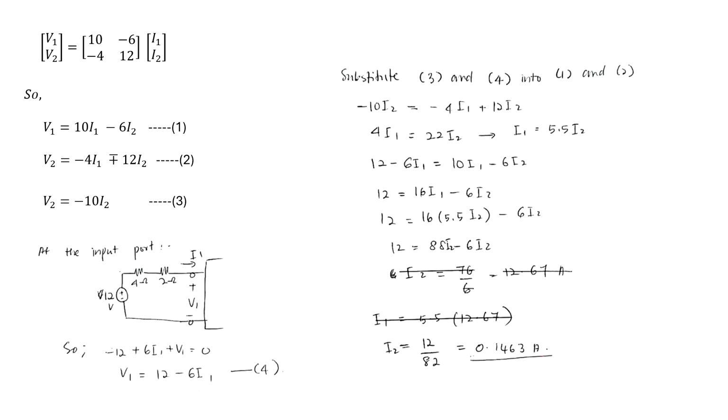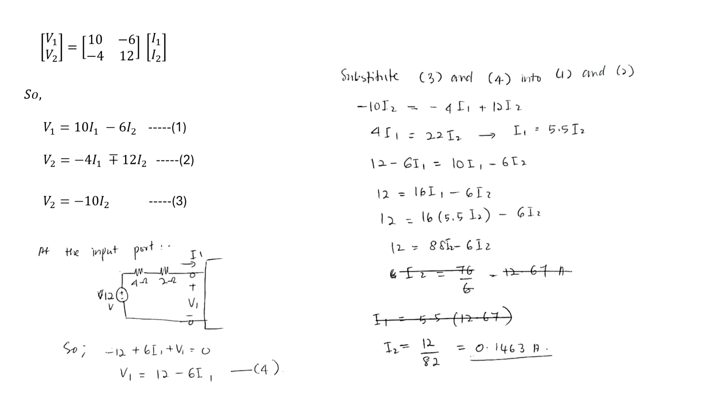Before we move on to solving using the substitution method, let's solve using the matrix form of the Z matrix first. If you remember how to solve for a matrix, we have V1 equals 10I1 minus 6I2. That is the first equation. And V2 equals negative 4I1 plus 12I2.